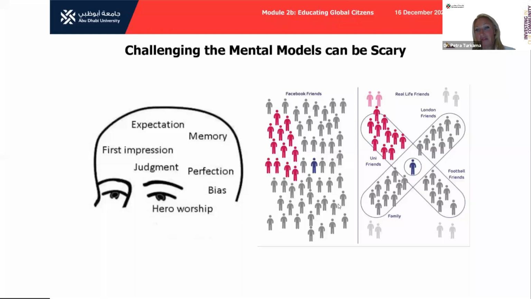Here's an example of Facebook. How many friends do you have, but how many of them are really your real friends? This is one example of being in an oblivious bubble of thinking that you have a lot of friends, but in real life, you don't really communicate much with them.